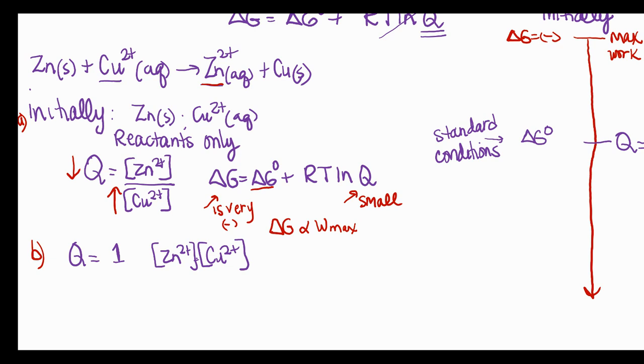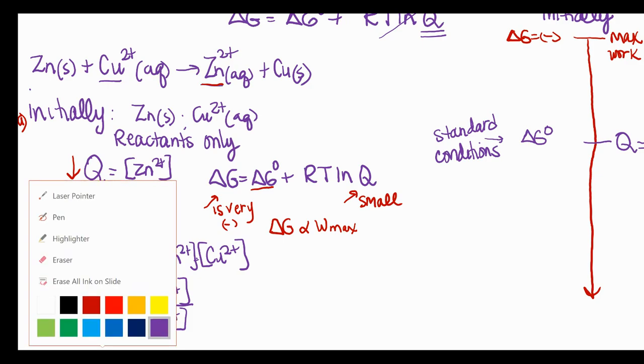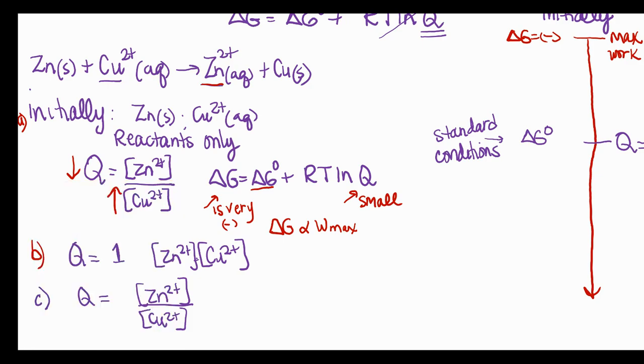The reaction progresses, keeps going, and now Q, you start building a product, right? Because it's progressing. And what does that mean? That there's more zinc ion, and that makes Q bigger. And what does that do for delta G? It's still negative, but delta G is less negative.